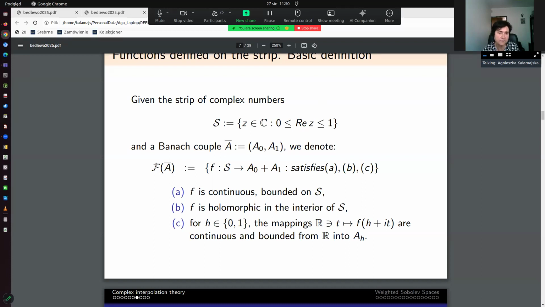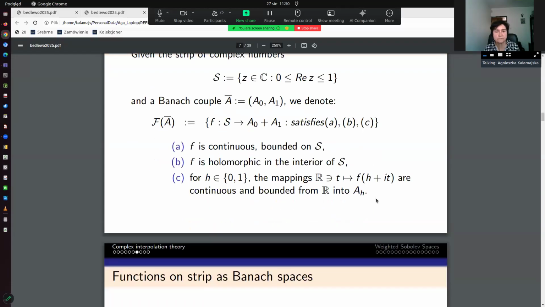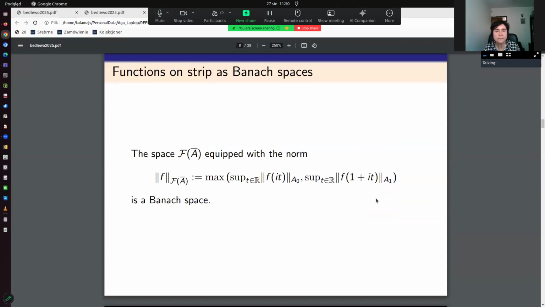So it appears that I have a set F of A bar defined on the strip. Then this set can be equipped with the norm. The norm of a function F defined on the strip is the supremum of all the values of F on the left-hand side of the strip in A0.